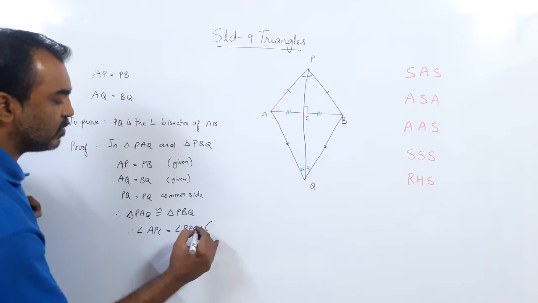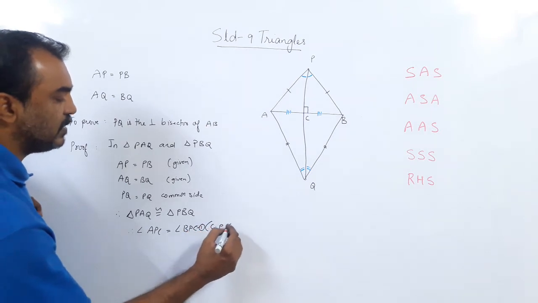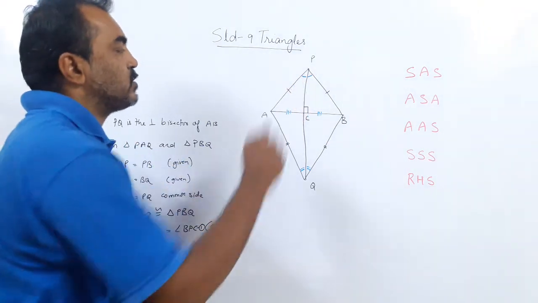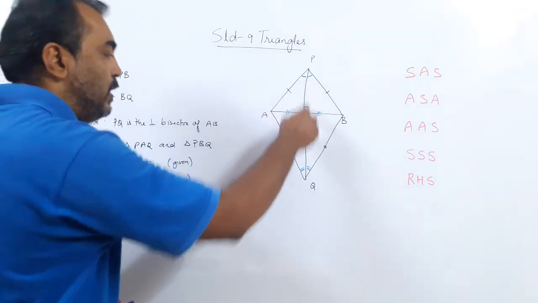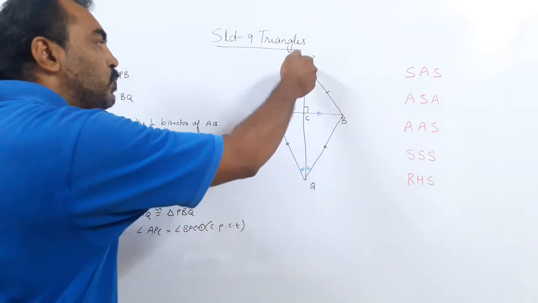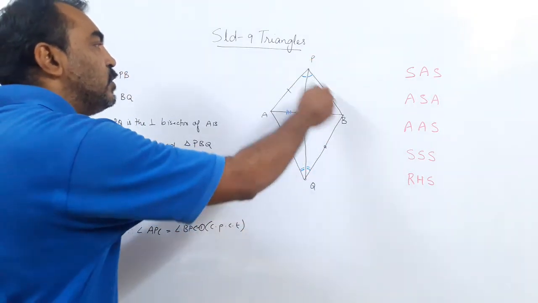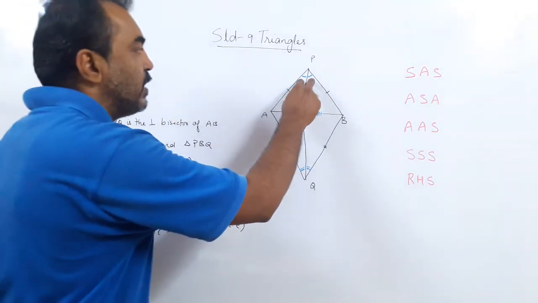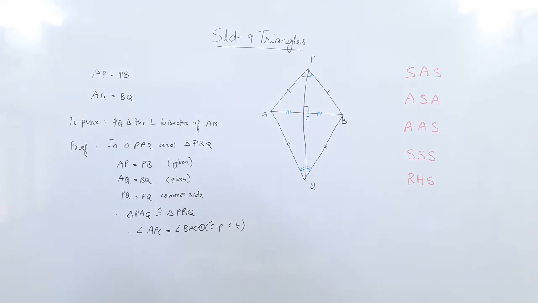And what will I call this? I will call this result 1, CPCT. Because the triangles are congruent, their corresponding parts are also congruent. So I can write APQ or I can write APC, one and the same thing. So APQ equal to BPQ or APC equal to BPC is result number 1. So I proved these two angles are equal.